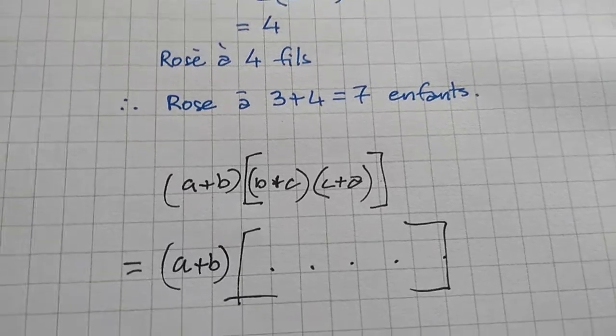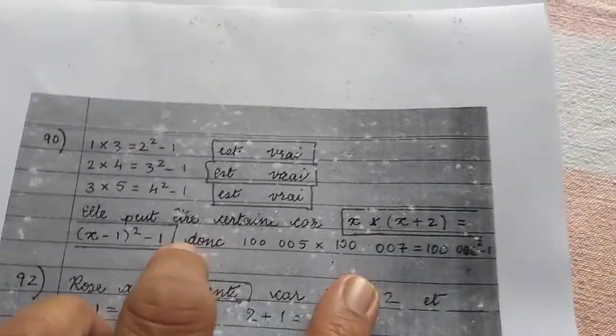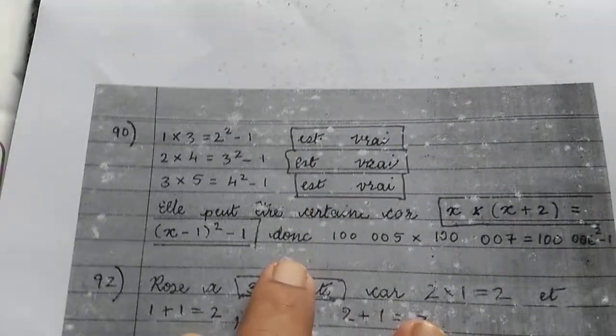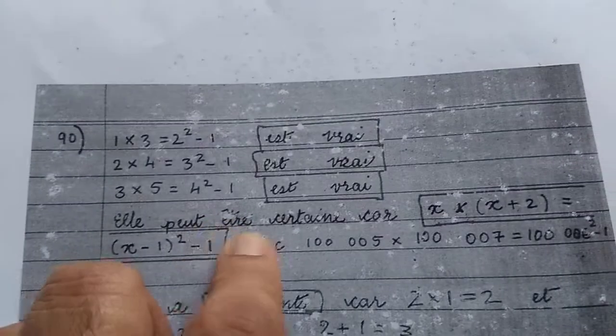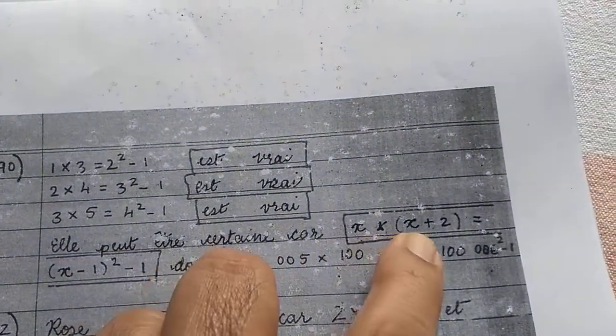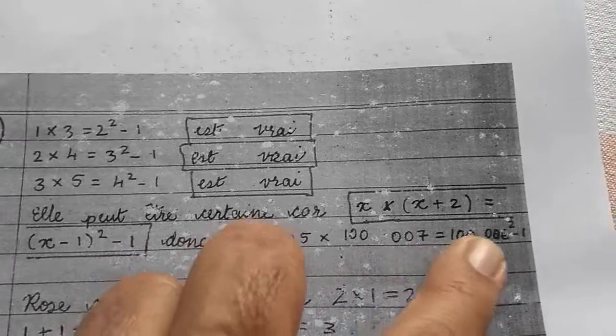Let me see whether there are any other examples that I wanted to show you. Yes, this is one. This is the number 90, where you have to show that, so this student has written elle peut-être certaine. This is Adeline. Here, Adeline affirme que this, comment peut-elle être certaine? So elle peut être certaine car x fois x plus 2 est égal à x moins 1 au carré moins 1, donc.